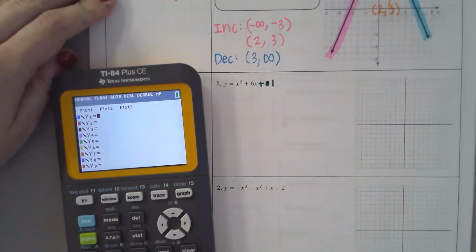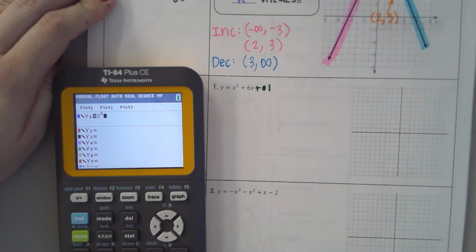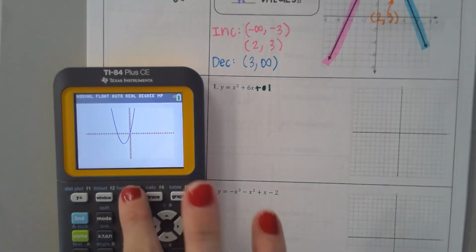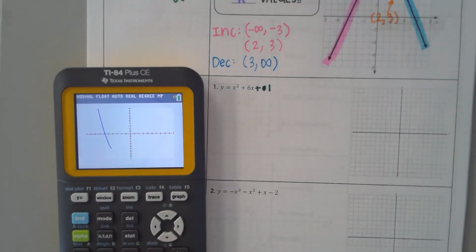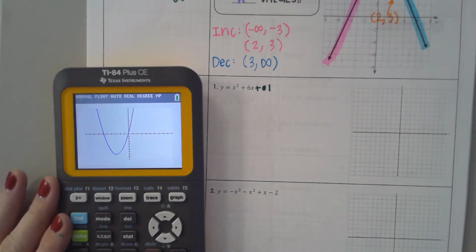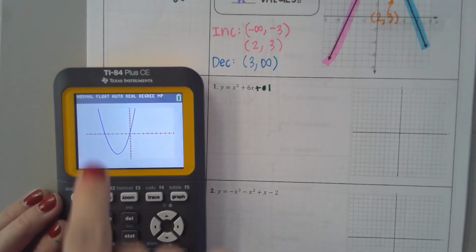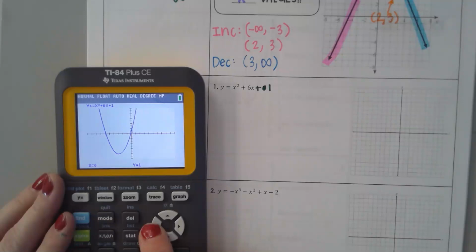So go to your y equals and type in x squared plus 6x plus 1, and then go to the graph. And I only have one turning point. It's a minimum, which is really the vertex of this parabola, which we did a whole unit on. But use trace.